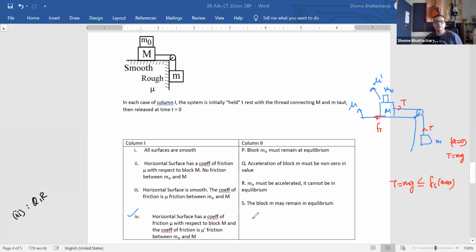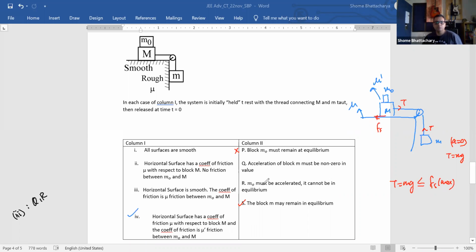So then all three will be at rest. Okay, but it's not necessary. Okay, so we can't say this. It might be moving. It's not necessary. Okay, so it may remain in equilibrium. So far this can be happening.